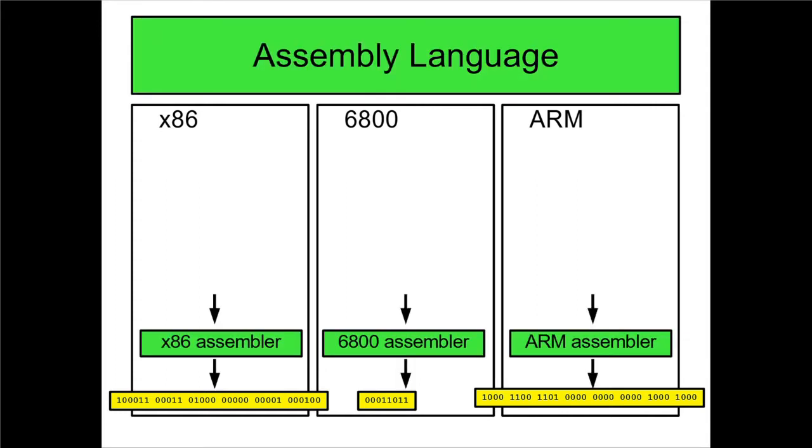The way you get this machine code is by writing a program in assembly language. We have a program called an assembler, which will take code that is basically human readable and convert it into these ones and zeros, which really only a computer can understand.